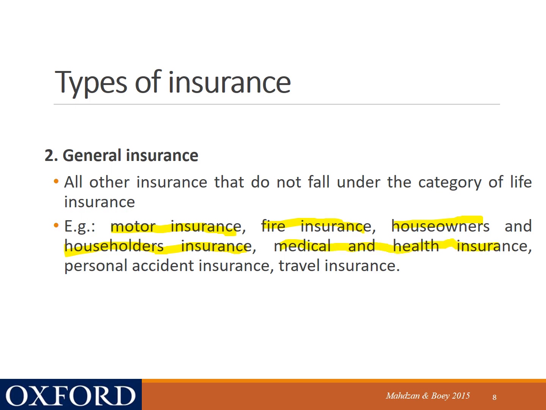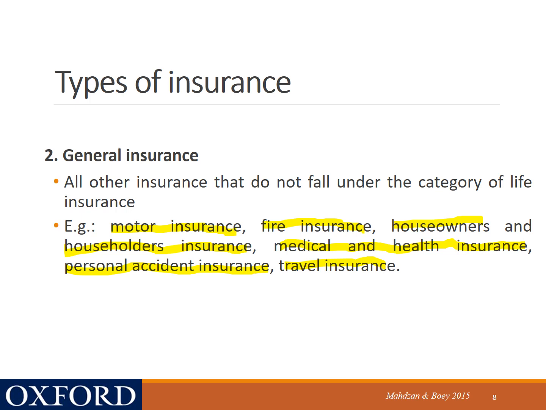These are not covered under life insurance. Also personal accident insurance and travel insurance. Everything else apart from life insurance will be classified under general insurance, because here it is apart from death. But I will later explain that under personal accident insurance, there could be an element of death.